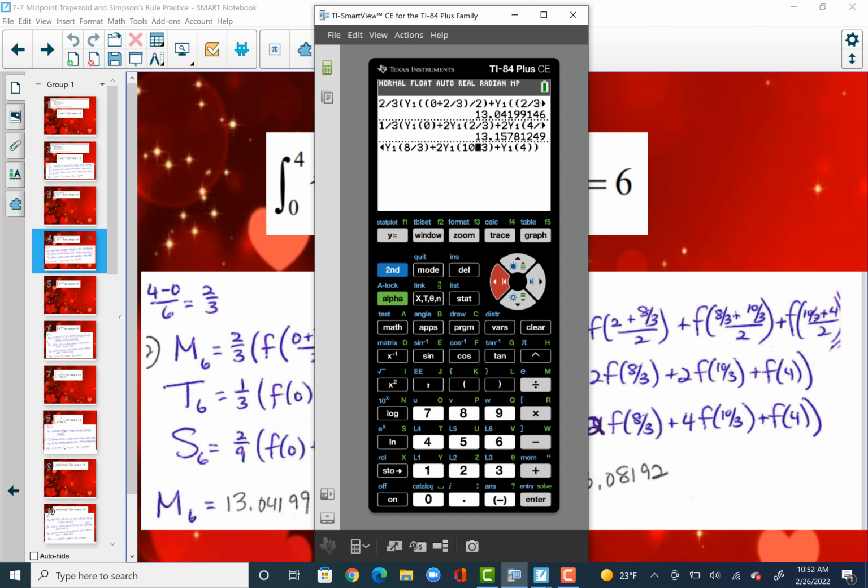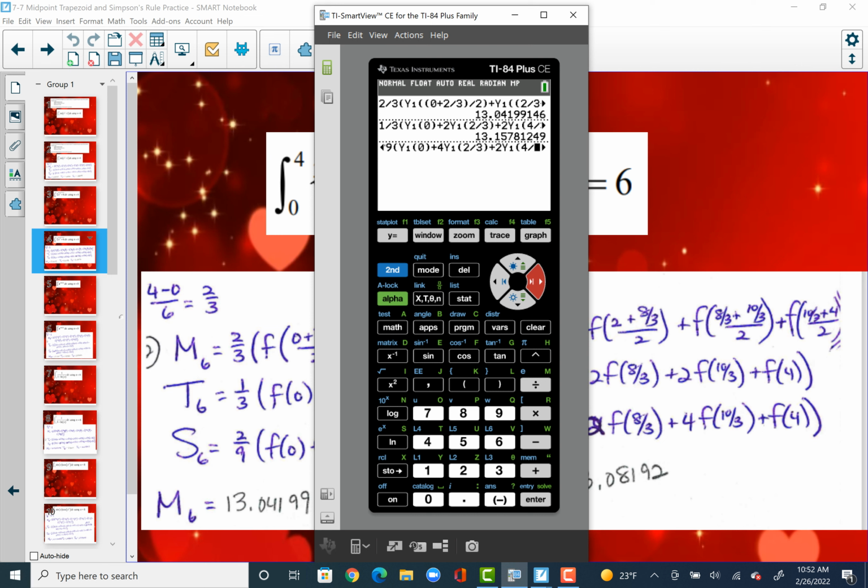I'm just going to scroll over all the way to the front, so we can start from the front. Since we're plugging in all the same values, but only certain things are changing, I can just write over those things that are changing. So I'm going to do 2 divided by 9, and then instead of a 2 here, I'm going to put in a 4, so I just type over it.